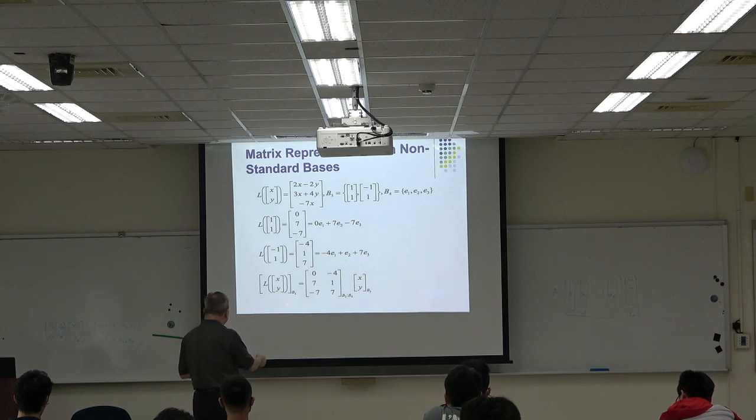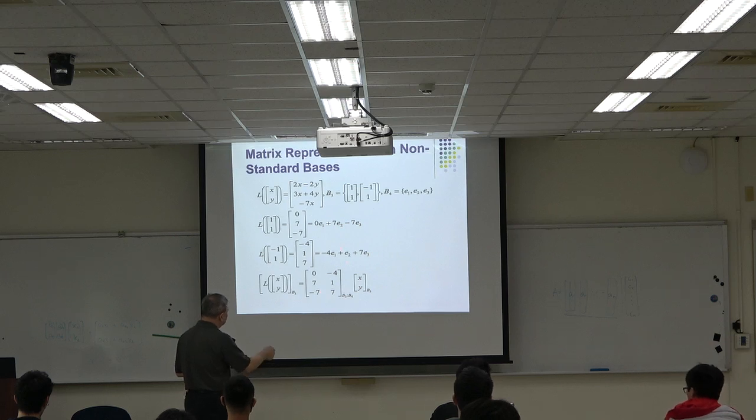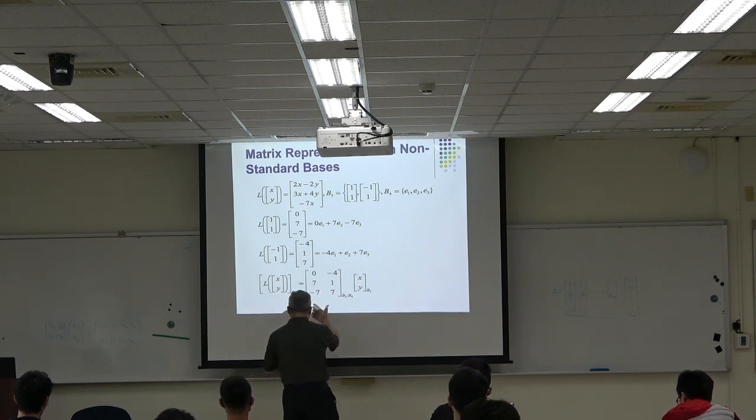So this linear transformation from B3 to B4 is represented as this matrix: 0, 7, negative 7, negative 4, 1, 7.